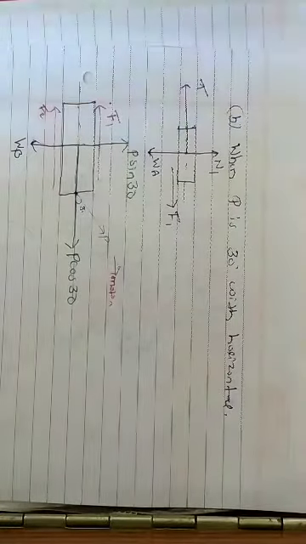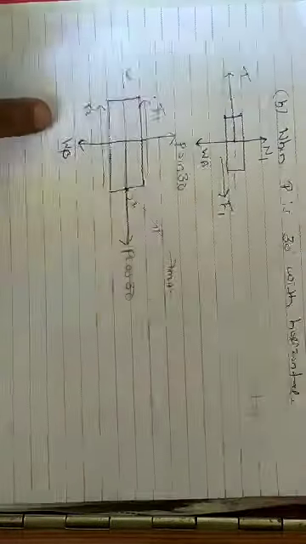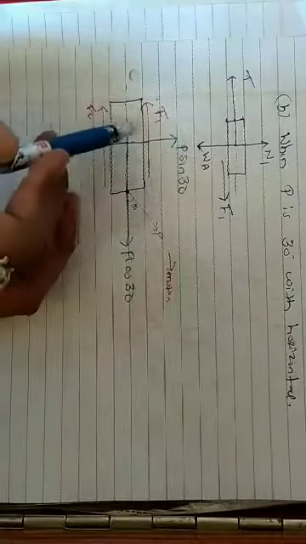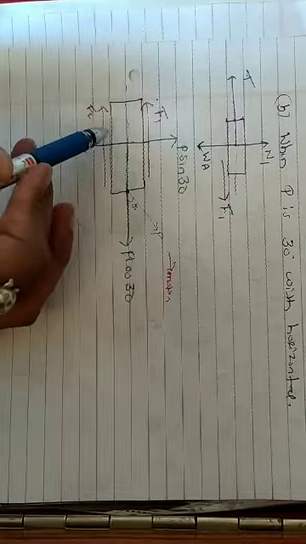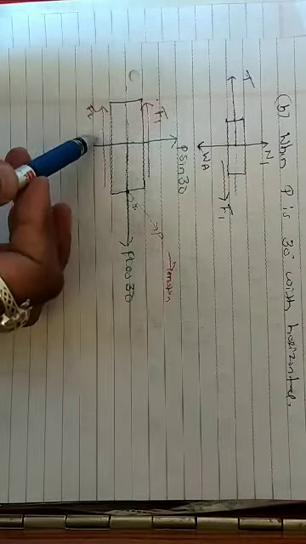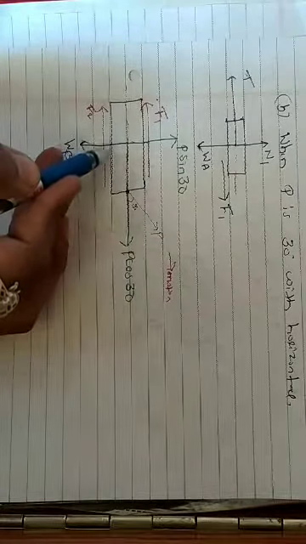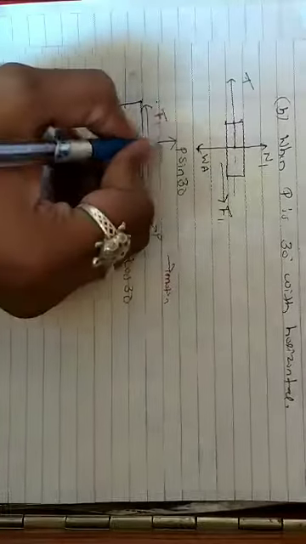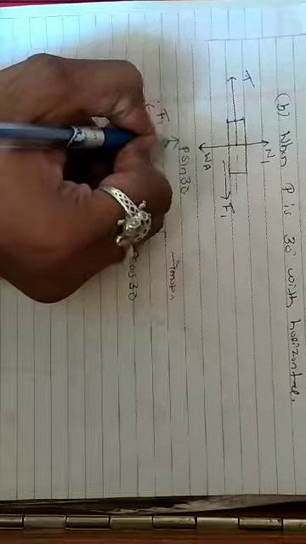Now this is the free body diagram of block B. This is P cos 30, this is P sin 30, F1, F2 forces. Weight is acting vertically downwards, and the normal reaction N2 acts vertically upwards.